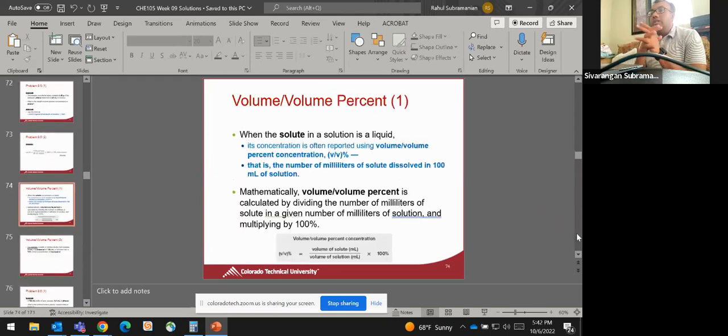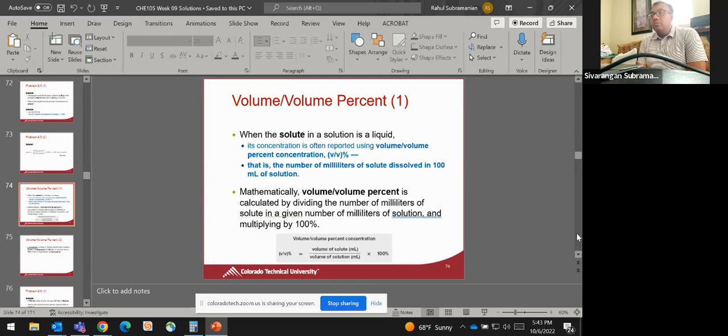Now let's do the second way of expressing the concentration. Now it is volume over volume %. So when you're looking at V over V, the solute, the numerator, is a liquid. The most easy and common way of measuring a liquid solute is in terms of volume.